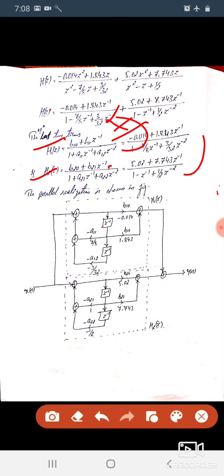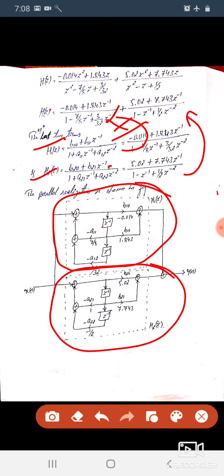If I compare with the equation and realize it, the upper part is taken for h1 of z and the lower part for h2 of z. Here a11, a11, a12, a12. Next b10, b10, b11, b11. Remember the standard form.